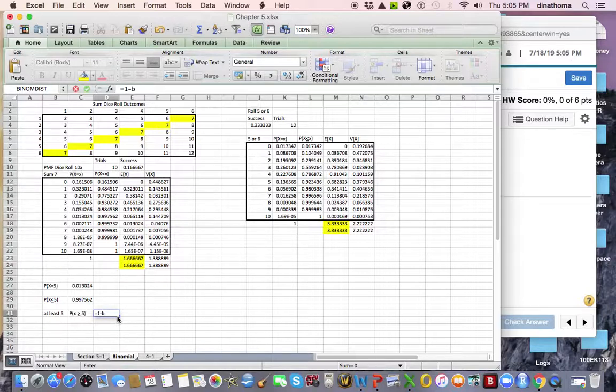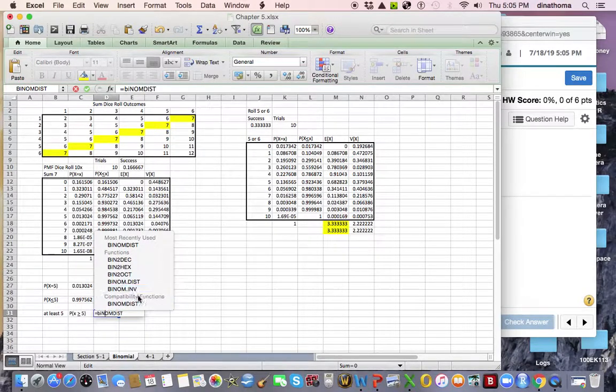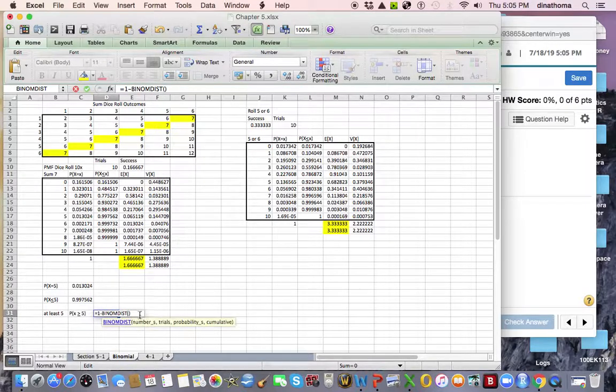So then I just do binomial dist. And why am I not getting my thing here? Why are you being stupid? Equals binomial. There we go. I like to bring it up just to make sure Excel knows what I'm talking about. Now I'll go back and put my 1 minus in. I'm pretty sure it's just because I have an older version of Excel on Mac on here.